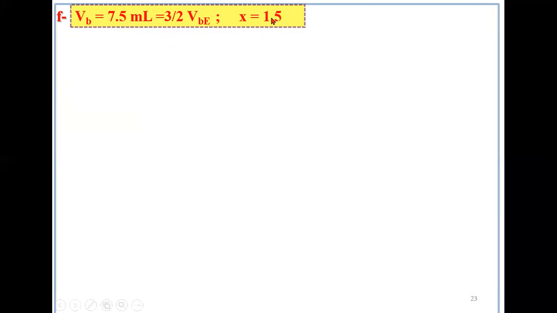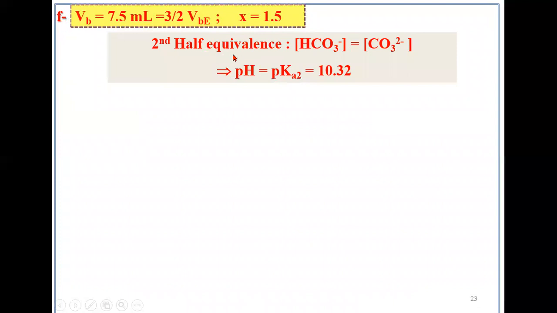Even if you're not given X values, I would recommend you calculate them. At second half equivalence, that's it, pH equals pKa2. Clear? I don't have to do any calculation, no chart. I don't even have to write the species if they didn't ask me. So we're done.